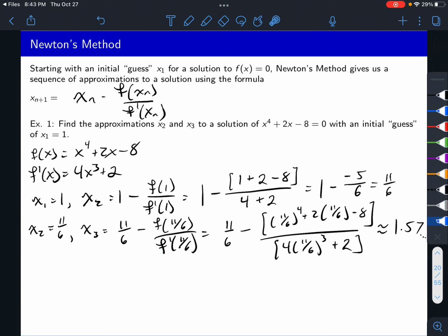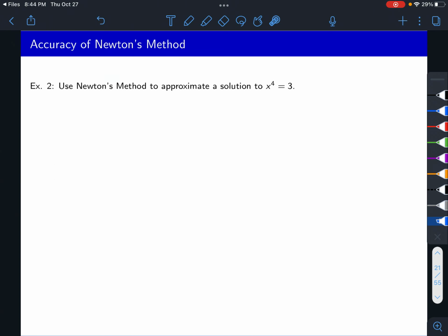Maybe you would hope that it goes up and overshoots, and then it goes down, overshoots a little bit, and maybe goes down again and then up again, whatever. So you might hope that it would sort of hone in on a solution.